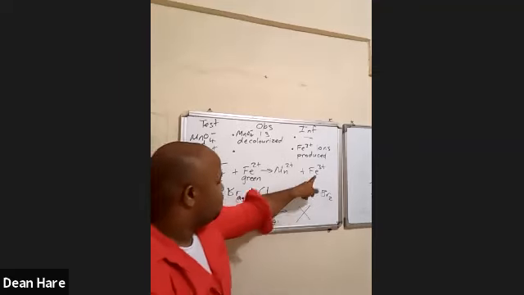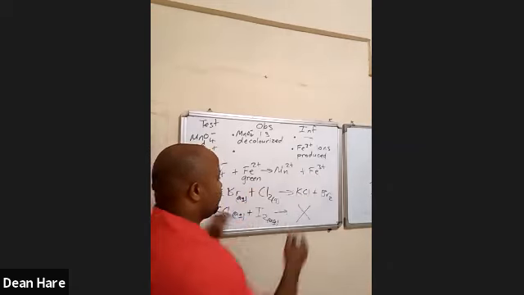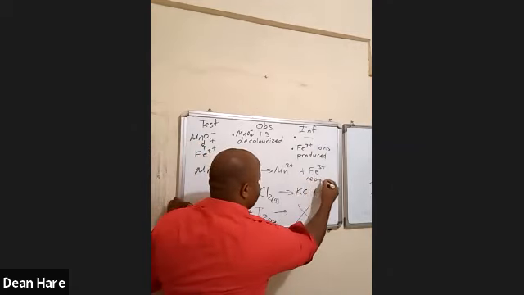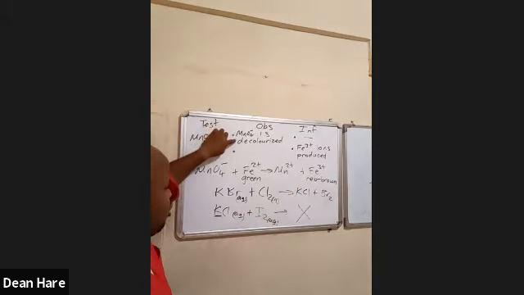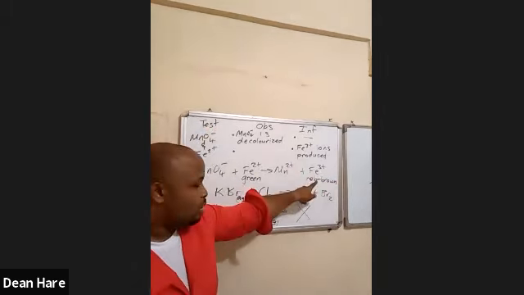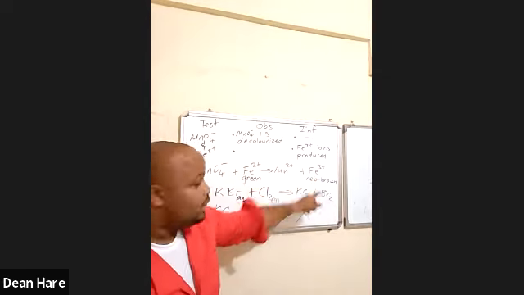And what is the color of this? Red brown. Exactly. So this will be decolorized, and we will get a red-brown solution, so it's a green to red-brown color change.